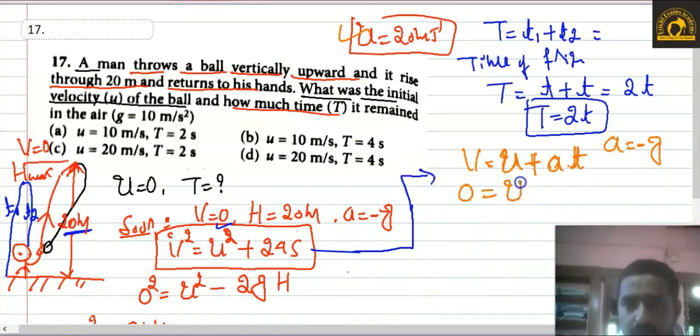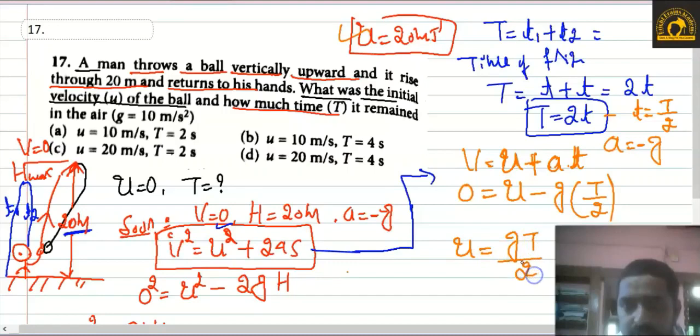0 is equal to u minus g into t, where t is capital T by 2. So u is equal to gT divided by 2. Then T is equal to 2u divided by g.